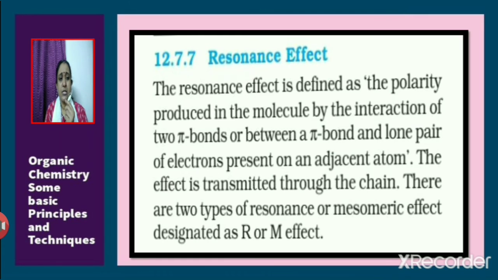It may be produced either by the interaction of two pi bonds, or by the interaction of a pi bond and a lone pair of electrons. As a result of either, polarity may be produced in the molecule, and this effect is known as resonance effect or mesomeric effect.